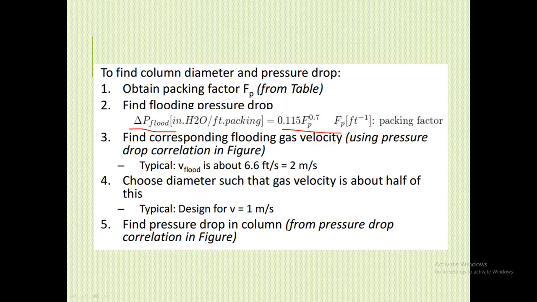The volumetric flow rate of that, you divide by the linear velocity to give you the cross-sectional area of your column. If you know the cross-sectional area of your column, it's easy to determine its size or its diameter. This is how we determine the size of the column based on the flooding velocity.